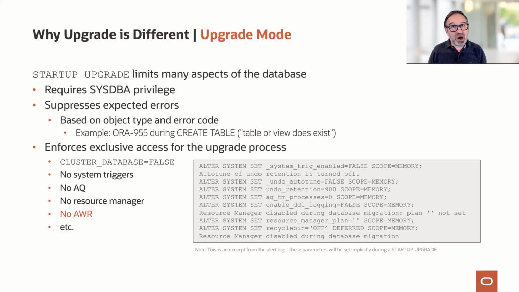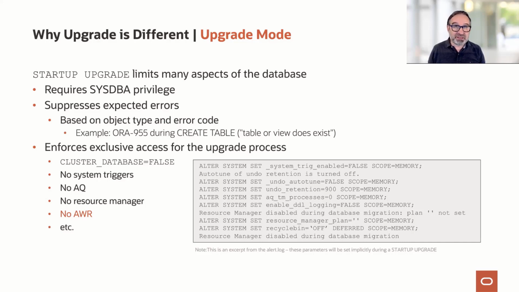And the reason why this happens in the background is to prevent any unexpected things and creates like a sandbox mode for the database upgrade to have no trouble with starting jobs in the background or whatever. Now, it's also ensuring that we have exclusive access.